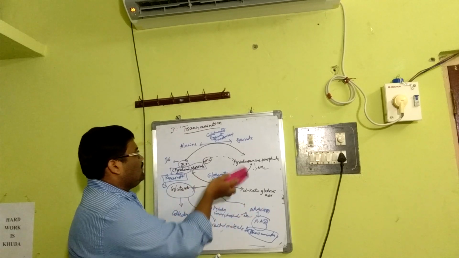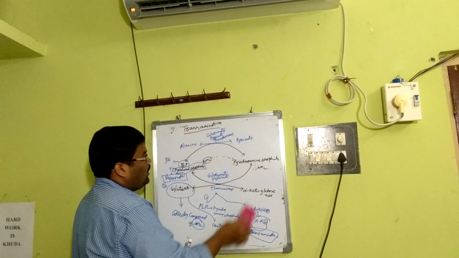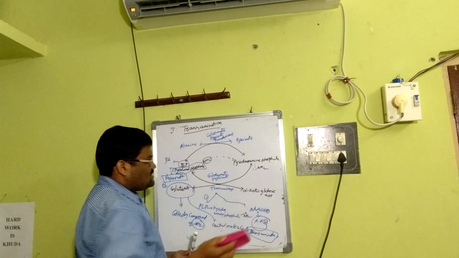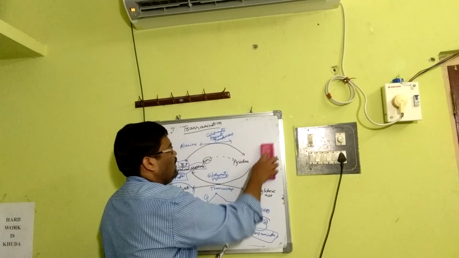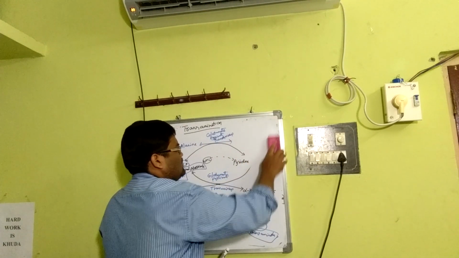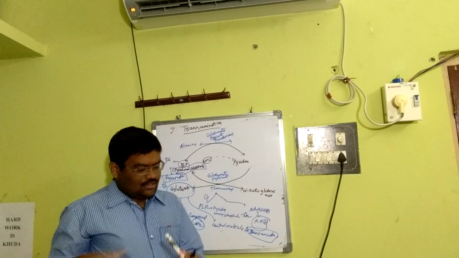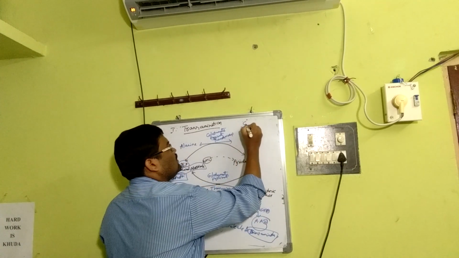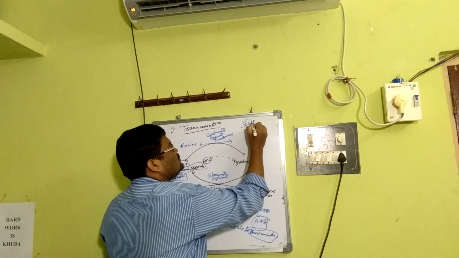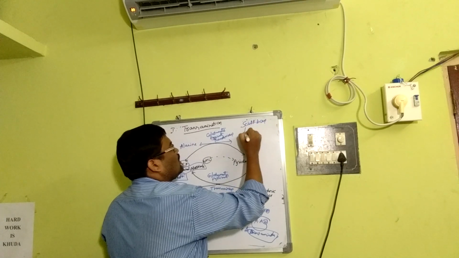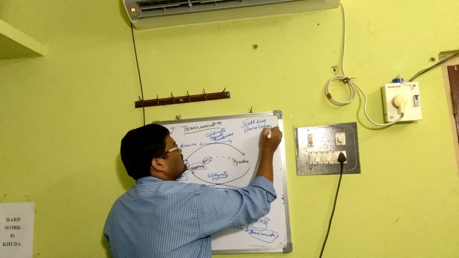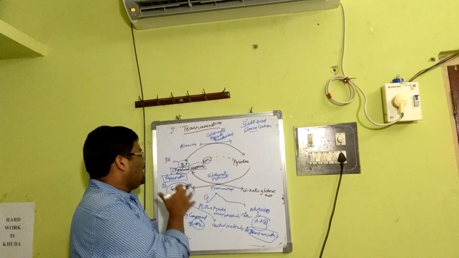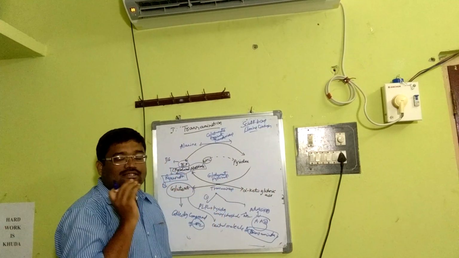Okay, next deamination. Now, before we go into the main topic, we have discussed about Schiff base, or imine linkages. This is with respect to PLP, pyridoxal phosphate. This is very important.